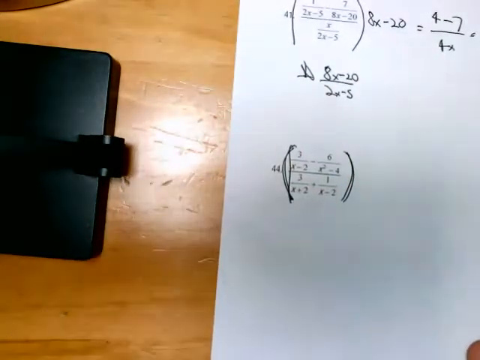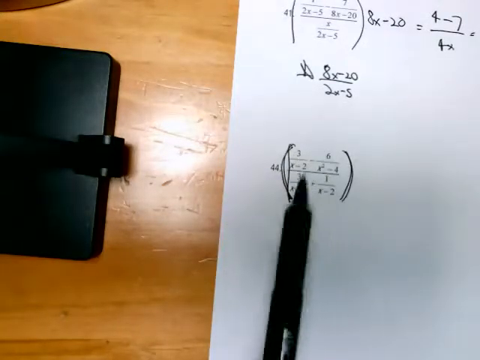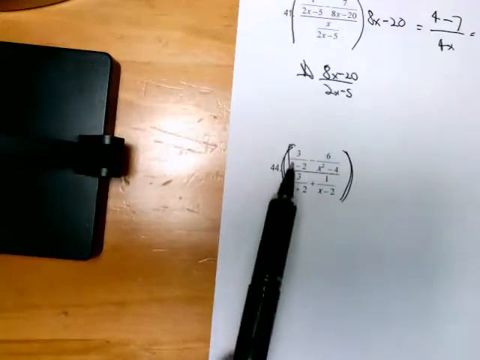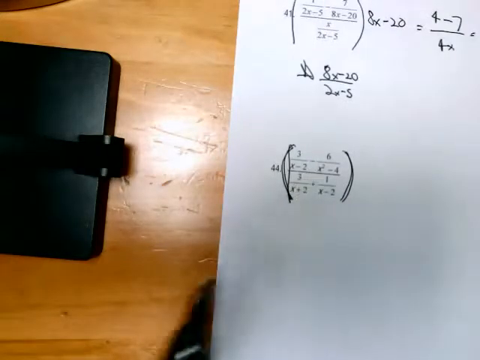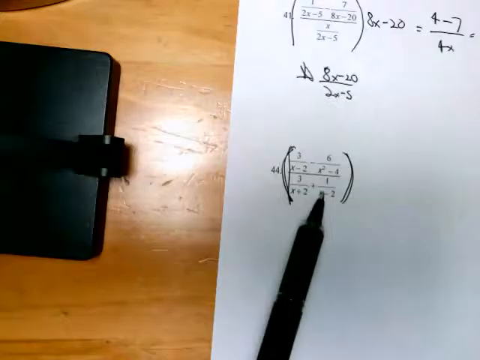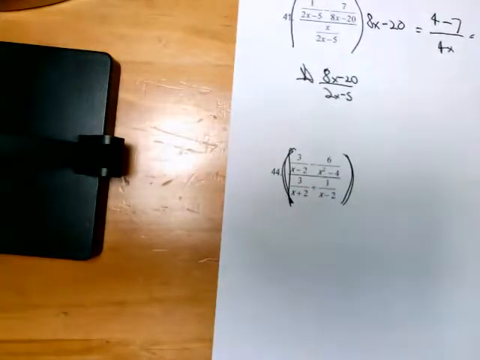The way I usually like to simplify a complex fraction is that usually all of the fractions within the fractions will have a least common denominator. If we look here, x minus 2 is a denominator, x plus 2 is a denominator, x minus 2 is a denominator again, and then x squared minus 4 is also a denominator.